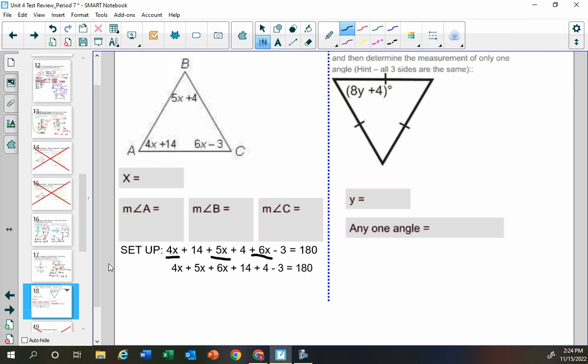So you need to combine your like terms, the CLT. Combine like terms. So how many x's do we have in total again? 15x. What about these numbers? 14 plus 4 minus 3. Is that a plus 15? So if we have 15x plus 15 equals, bring down that 180.